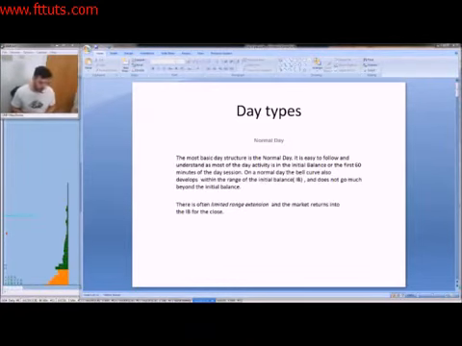everything that we're talking about in terms of market profile, and it's assessing the type of day that the market is likely to turn into.